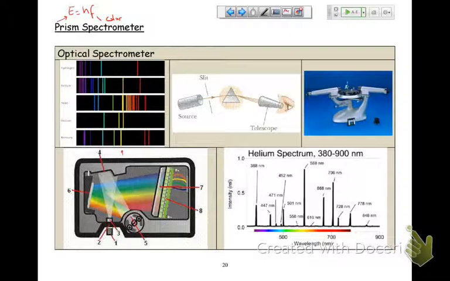If I see that pattern of lines, then I'm looking at hydrogen. Those photons are coming from a hydrogen source. When hydrogen is excited, so it emits light, it only emits light of these distinct frequencies.